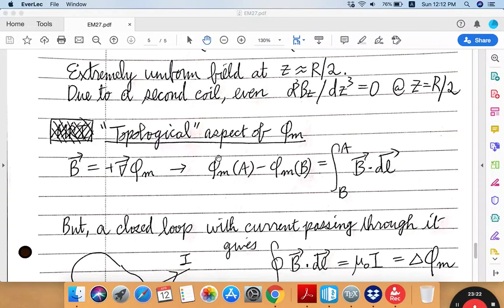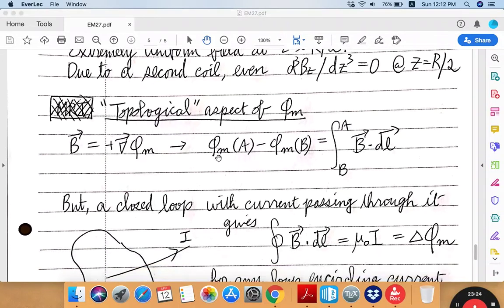Okay, so the final point of today's lecture is this topological aspect of the magnetic potential. As I already mentioned, this magnetic potential gives rise to the magnetic field by the operation of the gradient.